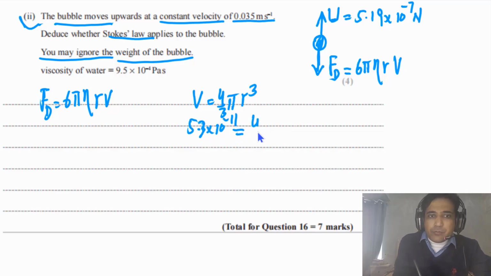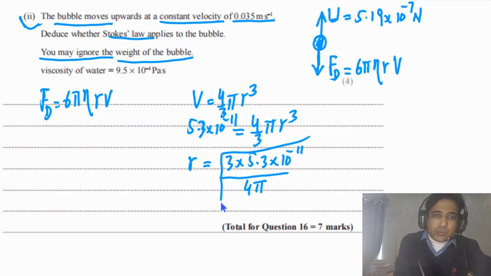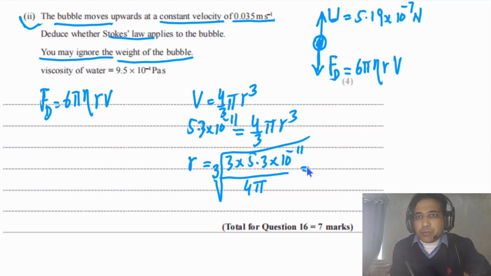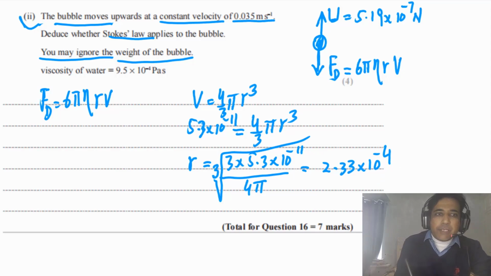So r will be equal to the cube root of 3 times 5.3 times 10 to minus 11 divided by 4 pi. If we solve this, we get r equal to 2.33 times 10 to minus 4.